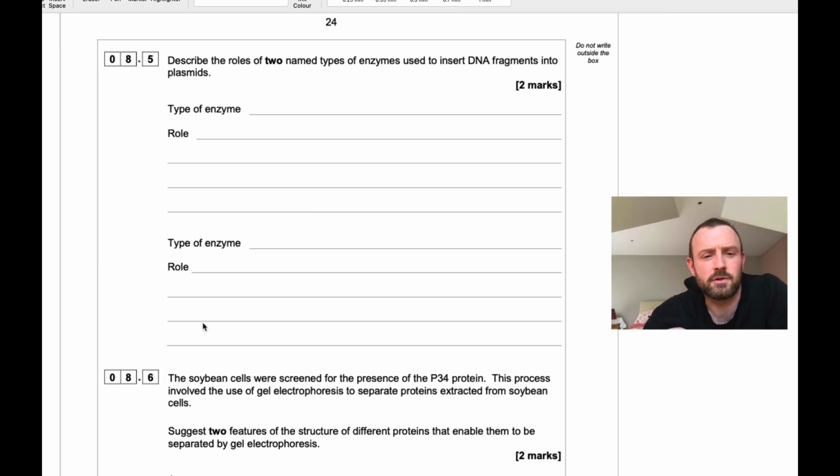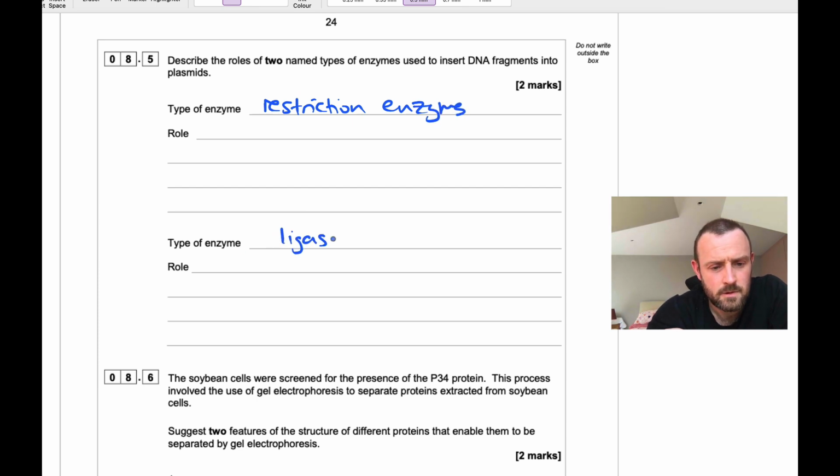Describe the roles of two named enzymes used to insert DNA fragments into plasmids. Okay, so the two things that we're gonna want to mention are restriction enzymes and DNA ligase. Okay, restriction enzymes cut the DNA sequence at a specific site, and then maybe I might go on to say forming a sticky end.